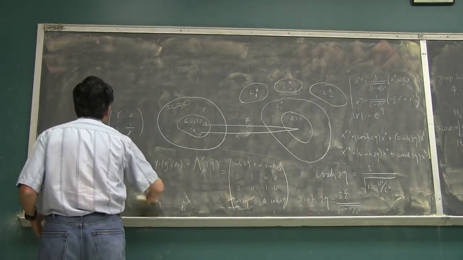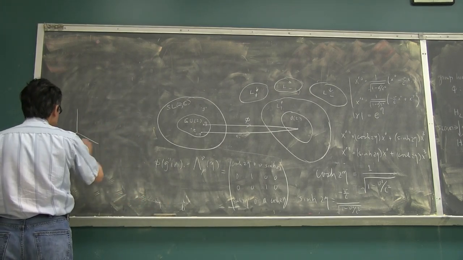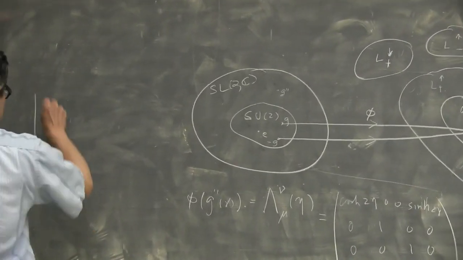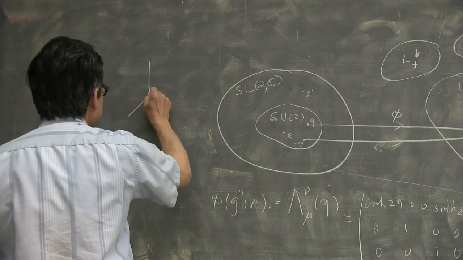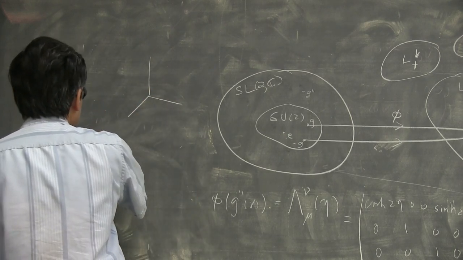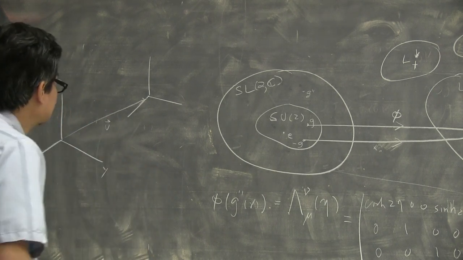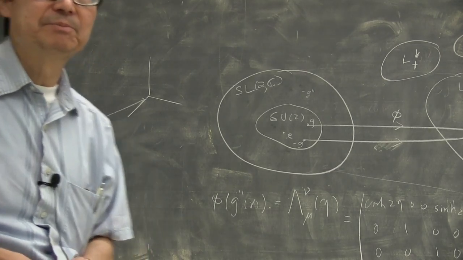So physically, the situation is this. Let's say we have chosen one inertial frame, x, y, z. Here's a rocket going along in this direction at some constant speed, and this rocket is being boosted with respect to this one with some constant velocity v, okay?